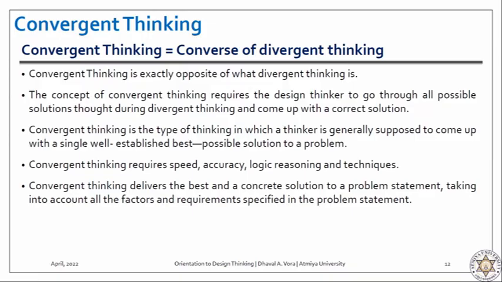The concept of convergent thinking requires the design thinker to go through all possible solutions thought during divergent thinking and come up with a correct solution. During divergent thinking, we may have thought many things.